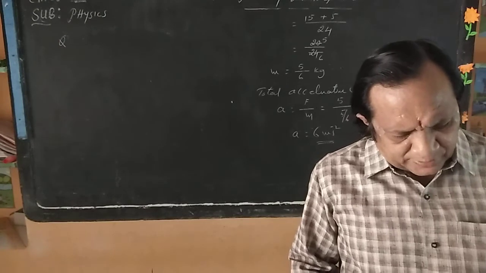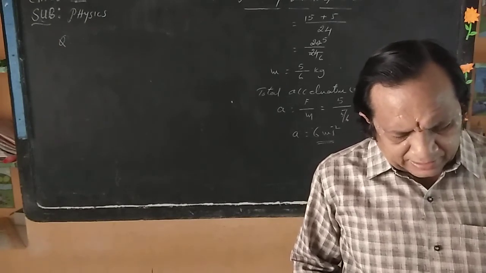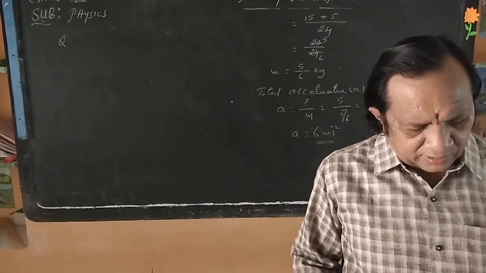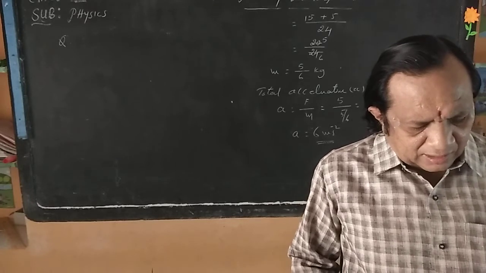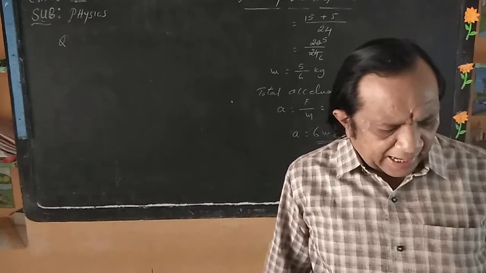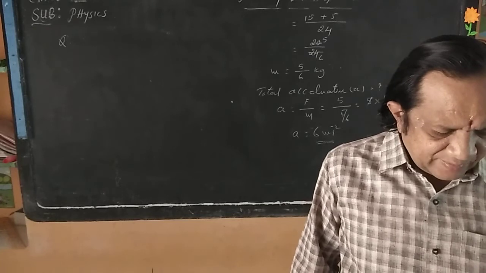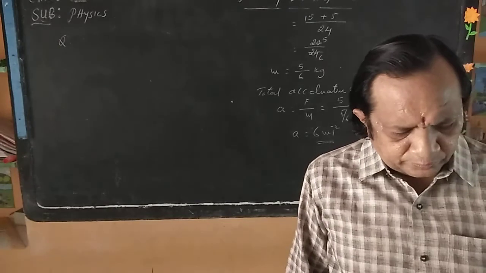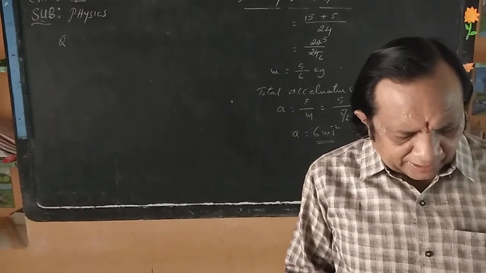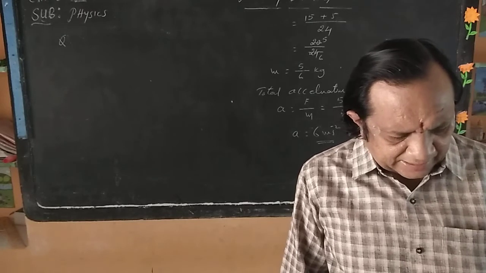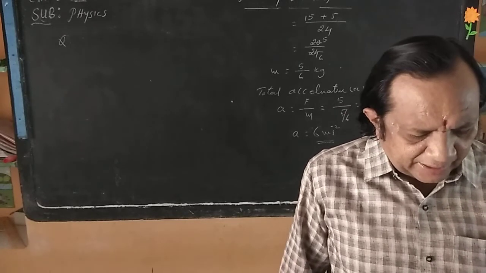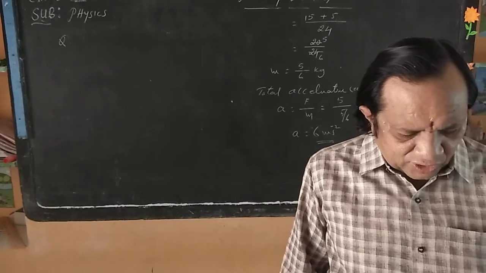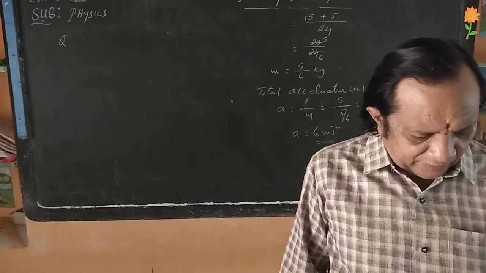The nail stops the hammer in a very short time of 0.01 second. What is the force of the nail on the hammer? So here a hammer of mass 400 grams is given, moving with 30 meter per second. So its velocity will be 30 meter per second. The time taken will be 0.01 second.